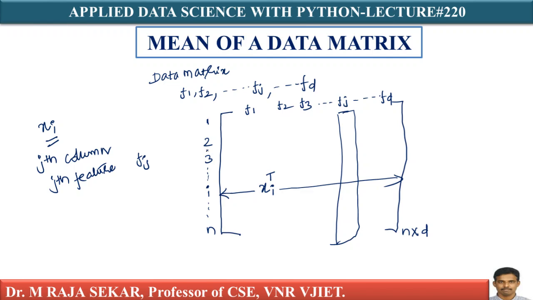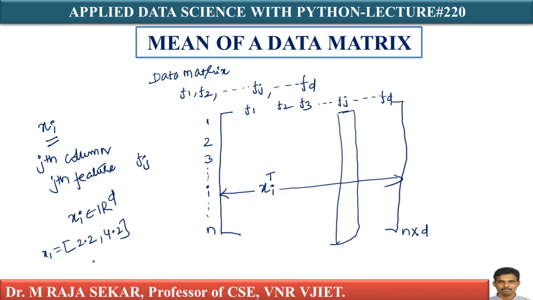So each of your xi belongs to Rd, meaning d-dimensional. Basically, it is a column vector. Xi belongs to Rd. So what if I compute the mean vector as follows? Suppose I have two vectors, let me say x1 equal to 2.2 comma 4.2.